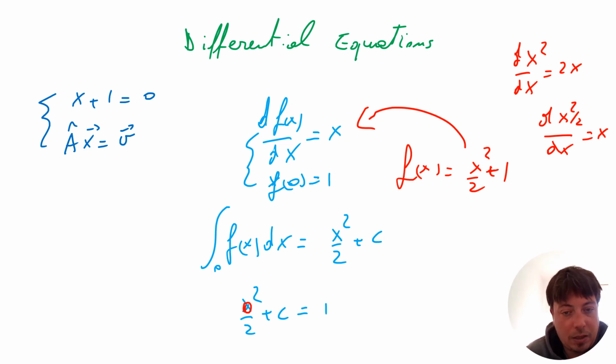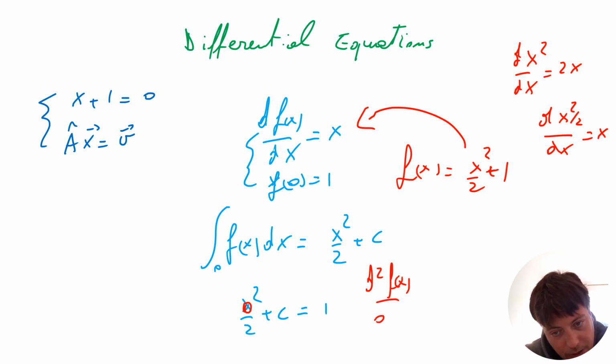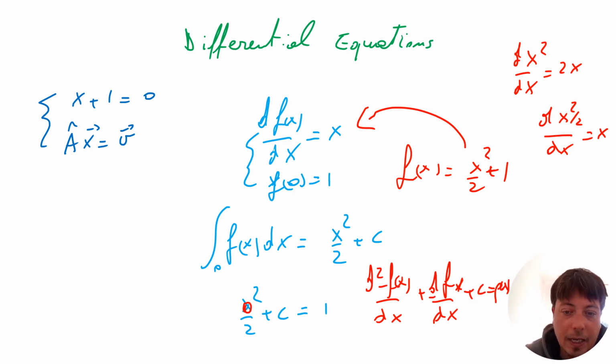We can deal with partial derivatives and higher order differential equations. So when you have, for example, an equation like this, we will see them, plus, I don't know, c equal g of x. So we can have second order, first order, higher orders, and then there can be partial derivatives as well.